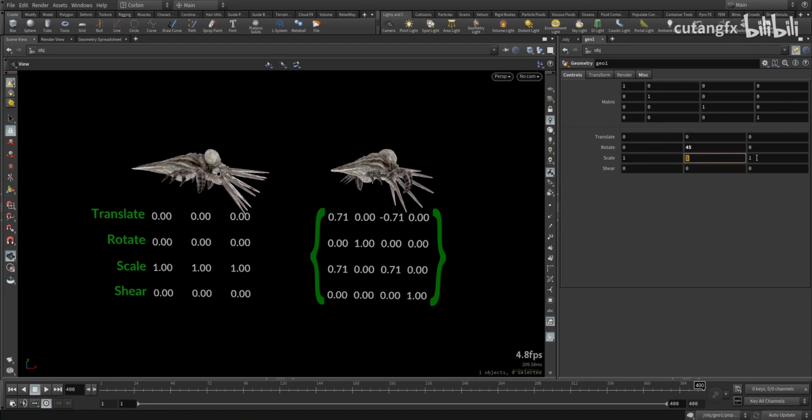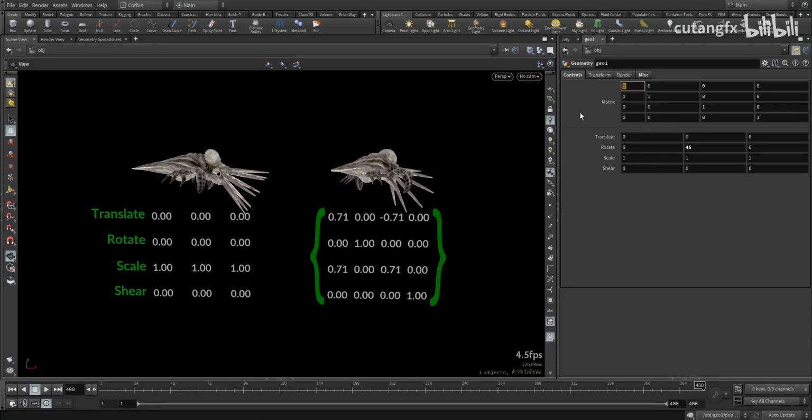But you'll see here, our scale hasn't changed, and we've rotated 45 degrees, and now suddenly these numbers are different. So as we decrease scale on X, yes, this number decreases as well, but it didn't even start at 1 because of our rotation. So there's this weird internal relationship happening.